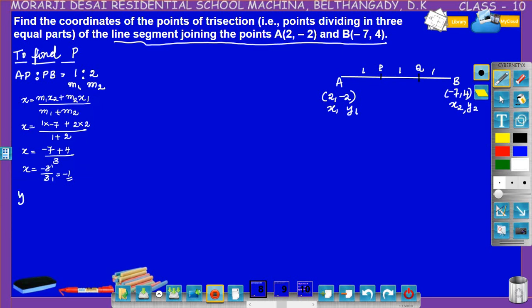That is, y is equal to m1 y2 plus m2 y1 divided by m1 plus m2.